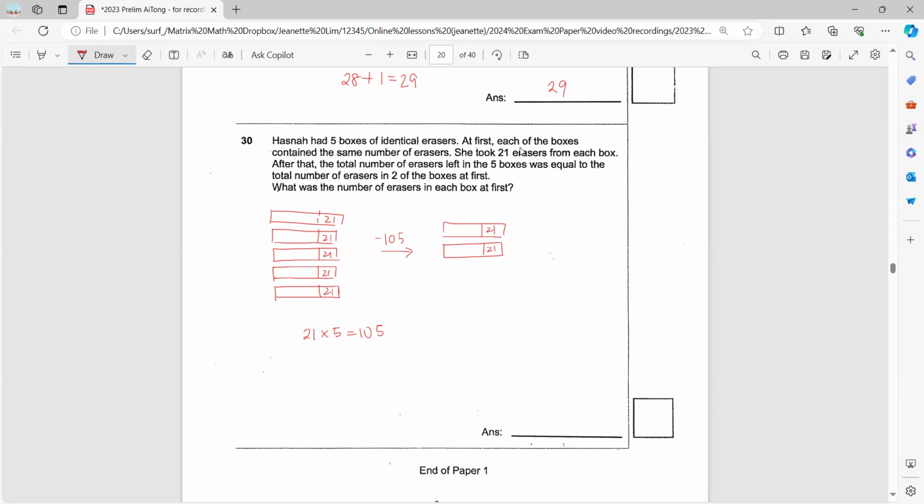Let's call this 1 unit. So on the left side, after taking away, is 5 units. And that is actually the same as this right side, which is 2 units plus 42.